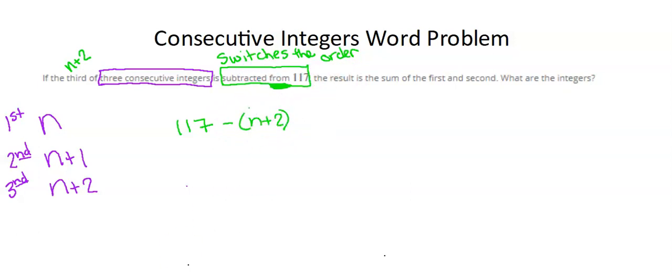The result. The result is, that is a code for an equal sign. Sum is the answer you get when you add. So we're going to add something and get an answer. We are going to add the first, which is n, and the second, which is n plus 1.